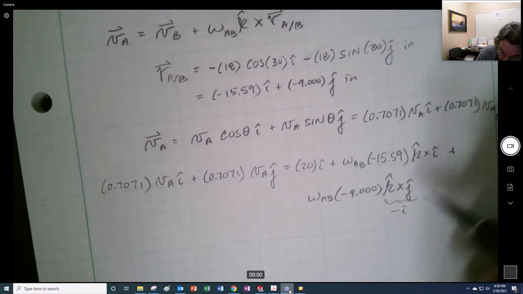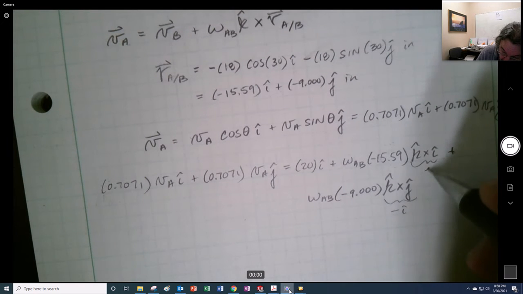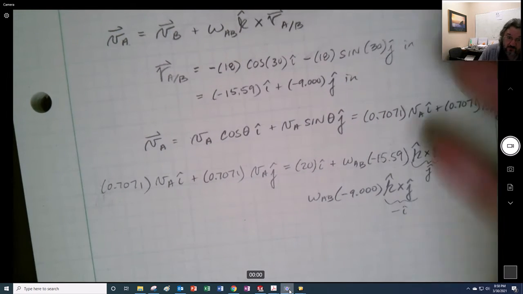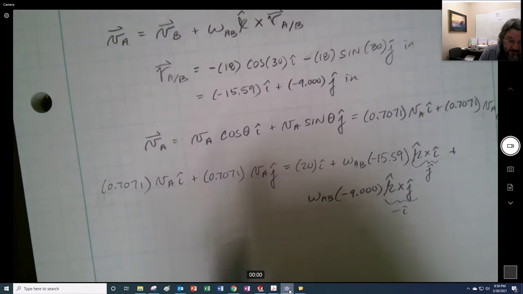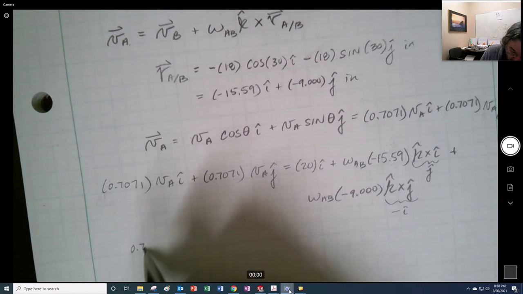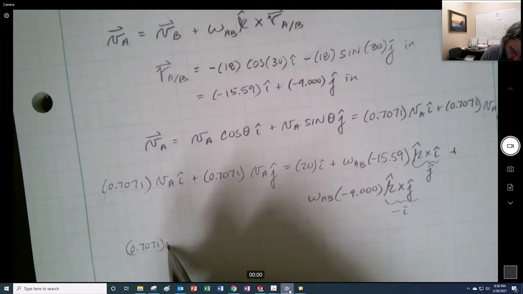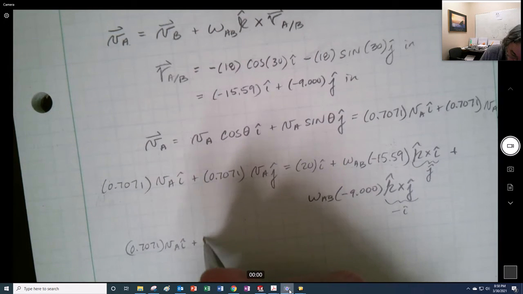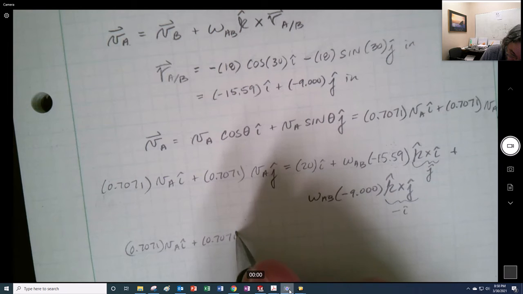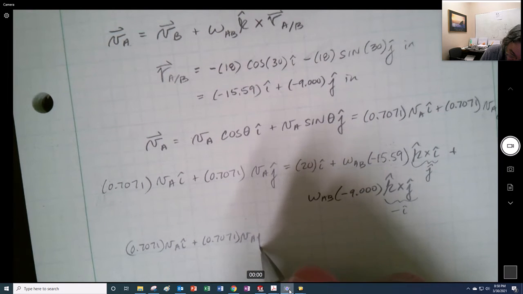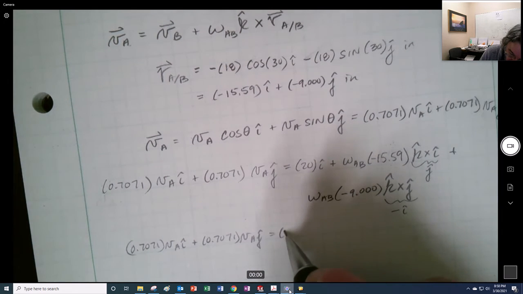So that's negative i, and this is j. So I'll rewrite that out here: 0.7071 VA i plus 0.7071 VA j is equal to 20 i.